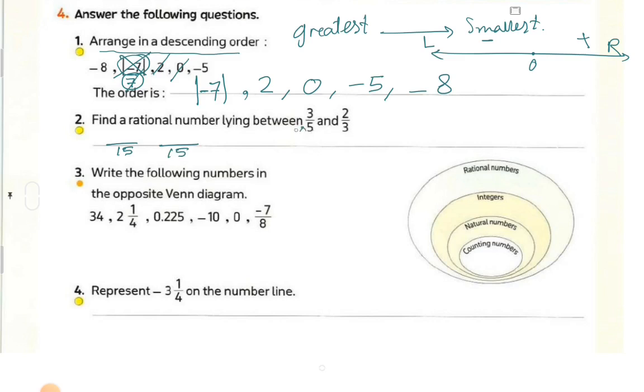Multiply numerator and denominator, so we have 15 and 15. 3 times 3 equals 9. 2 times 5 equals 10.